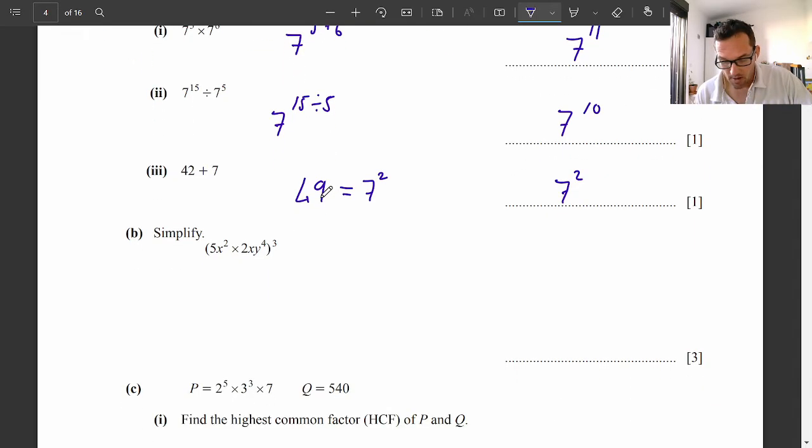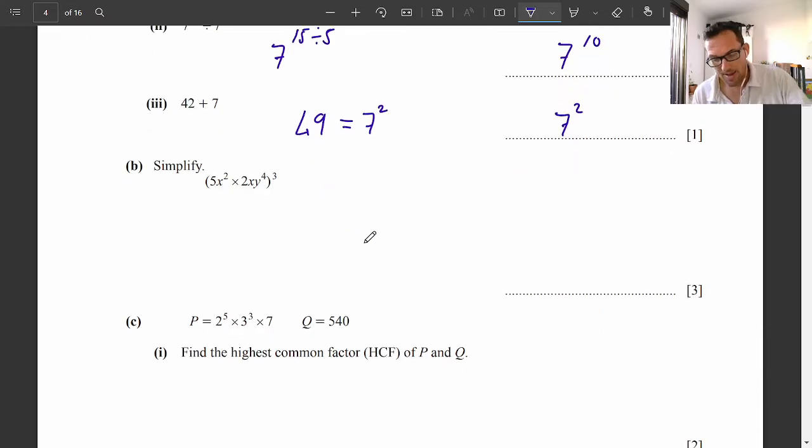3b, simplify. Okay, everything inside the brackets is being cubed. That means we need to do 5 cubed, x squared cubed, and multiply them together. Then 2 is being cubed, x is being cubed, and y to the power of 4 is being cubed.